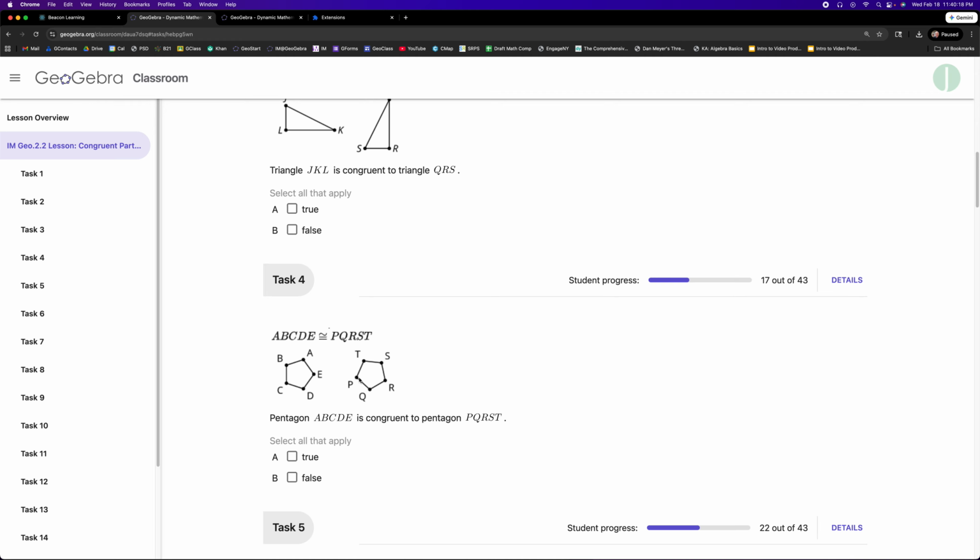So P, Q, R, S, T, and A, B, C, D, E. This seems to make sense, because if A goes first, then B comes next, and then C, it would be P, then Q, then R, then S, then T. They didn't put them out of order, they didn't jump around or cross the shape in any weird way. So everything seems to be fine with this one. So that one's true.